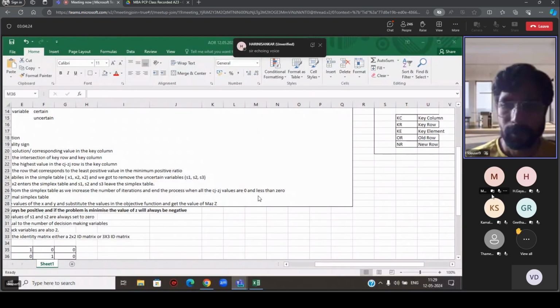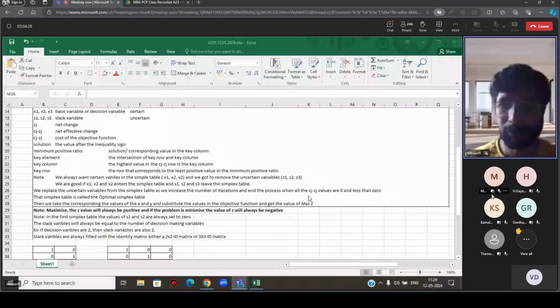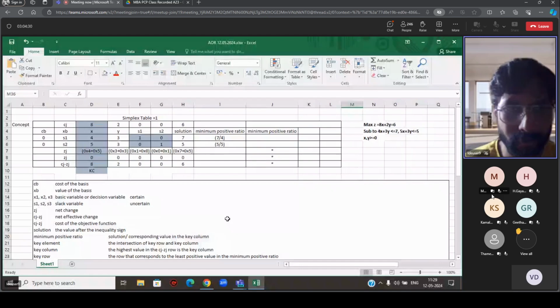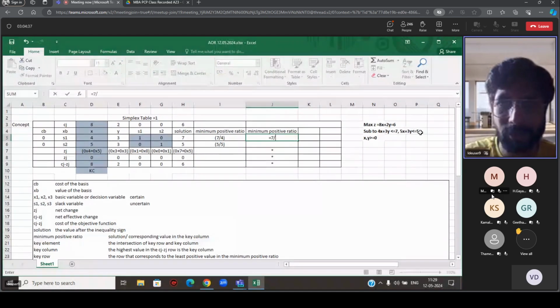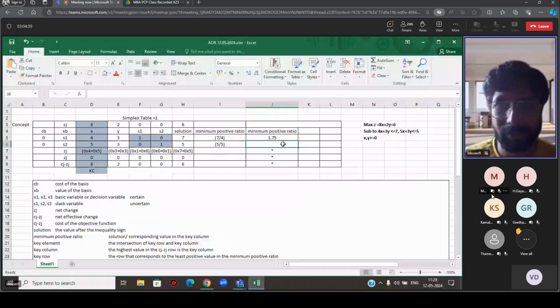Okay, right? So we were discussing that particular problem which we were solving. Now here, what you need to do is calculate 7 divided by 4, which is 1.75. And what is 5 divided by 5? That is 1.